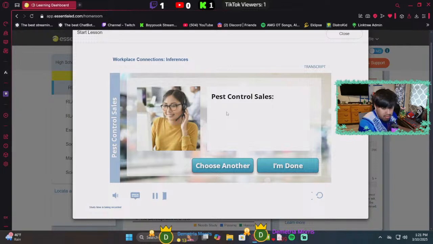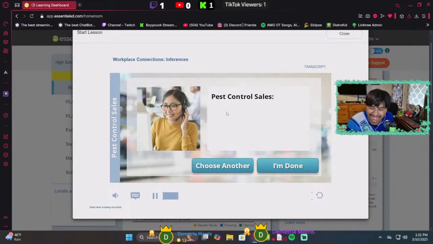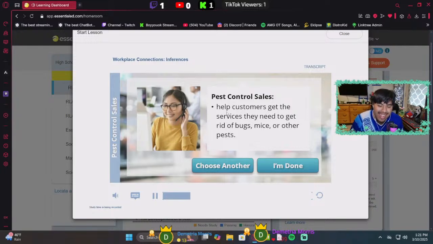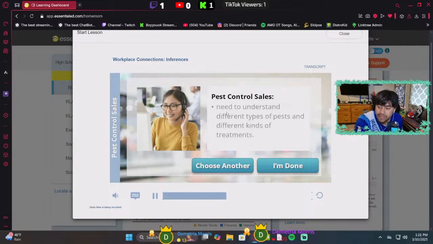There are all kinds of sales jobs, and one that has growth is pest control sales. In this job, you can help customers get the services they need to get rid of bugs, mice, or other pests. Your reading skills are important in any kind of sales, especially a technical sales job like pest control. You'll need to understand different types of pests and different kinds of treatments.